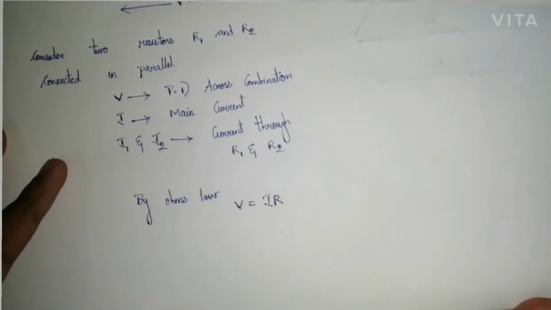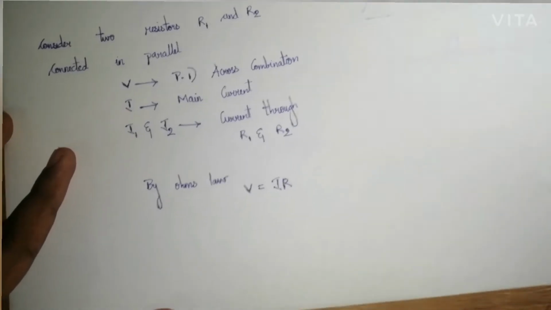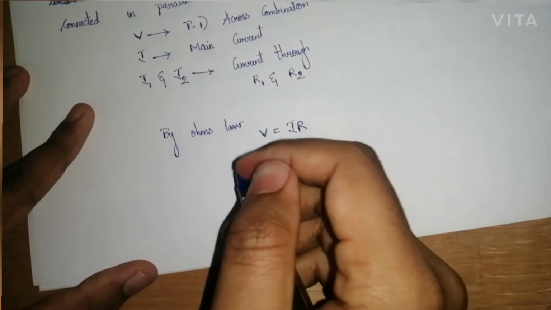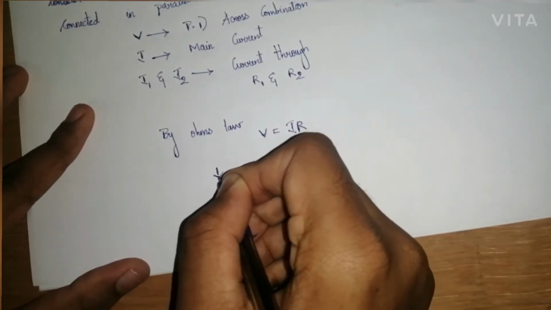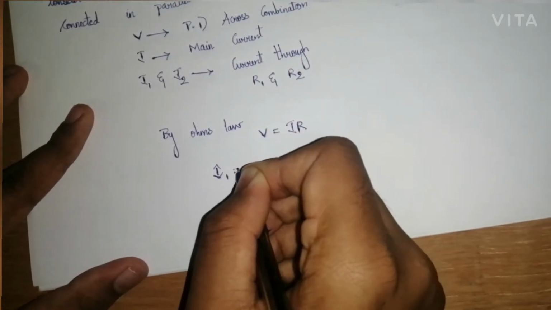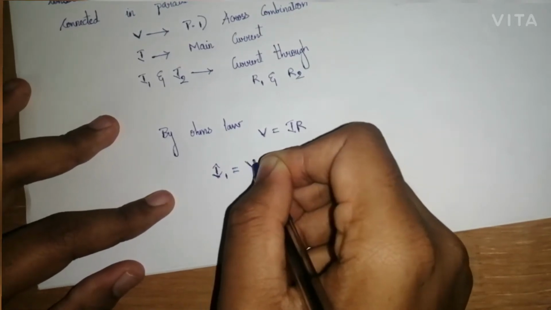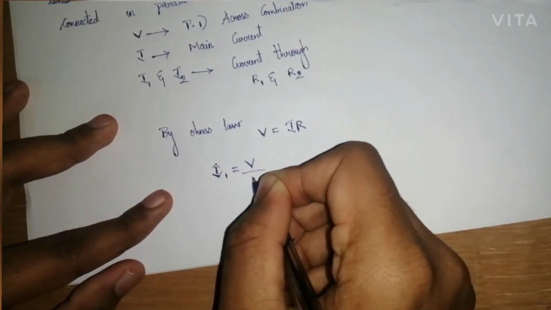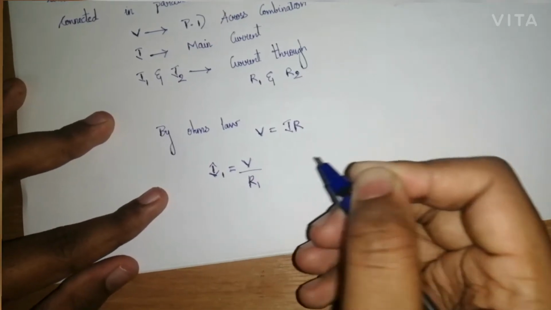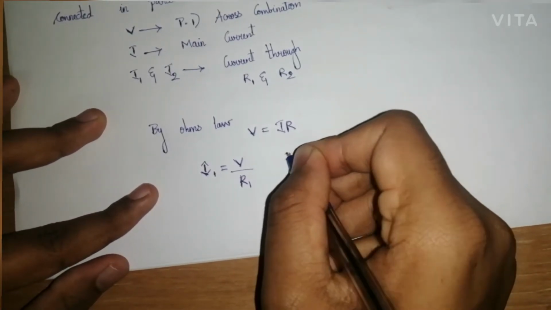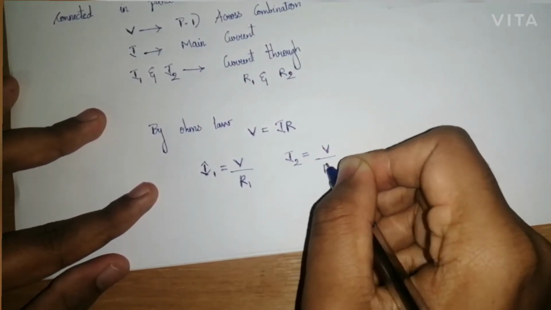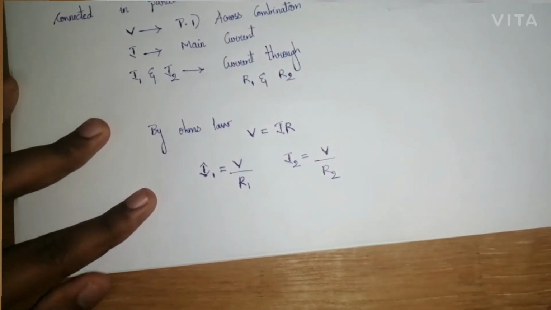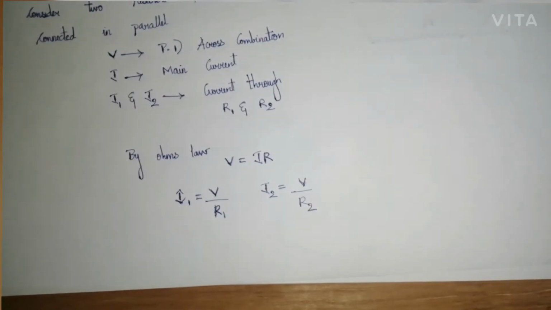For your current I1, it will be V upon R1, and for your current I2, it will be V over R2. Hope you would have understood till here.